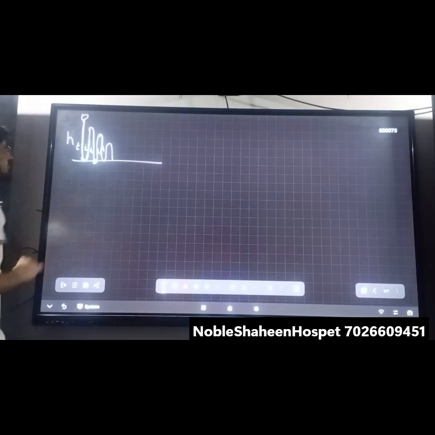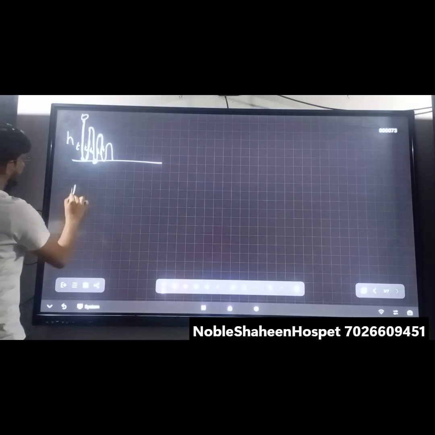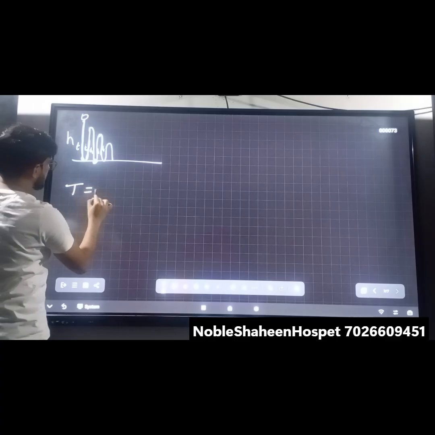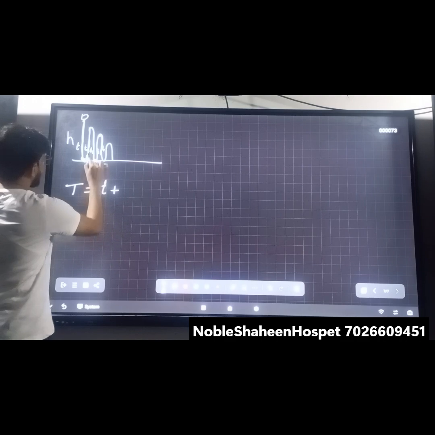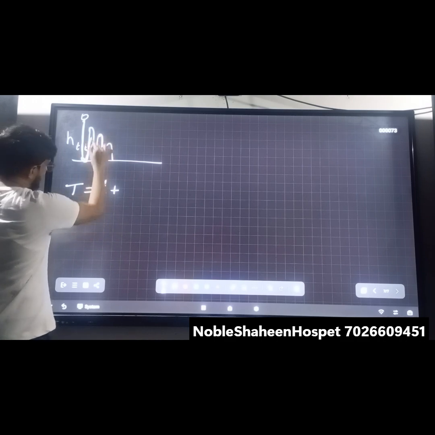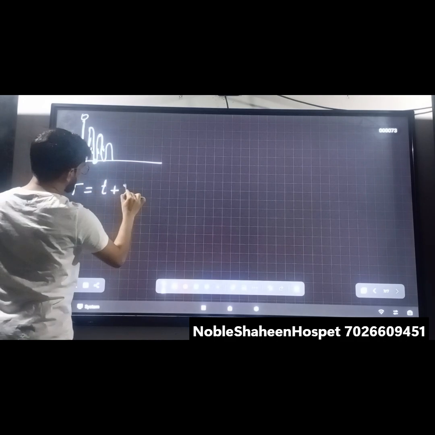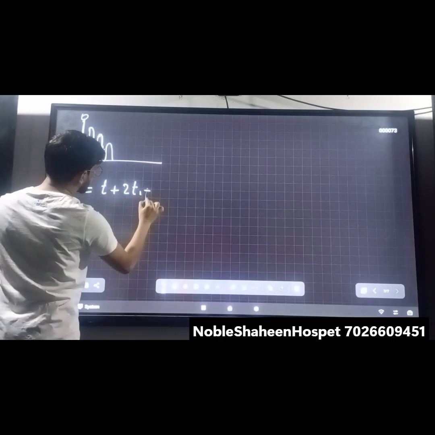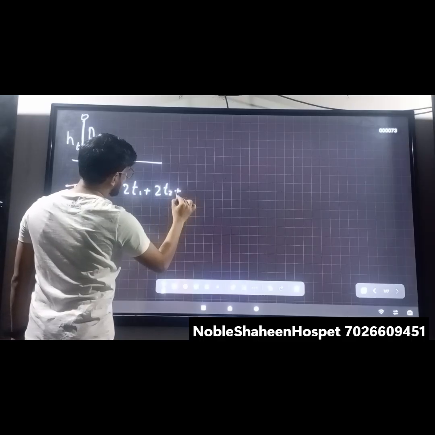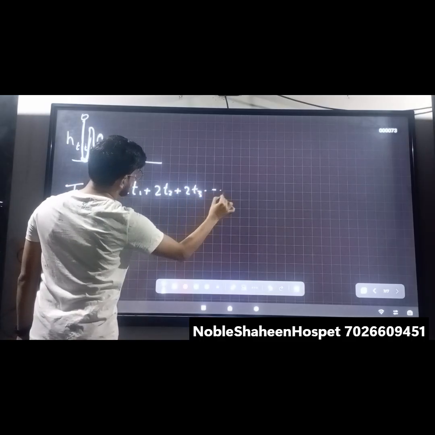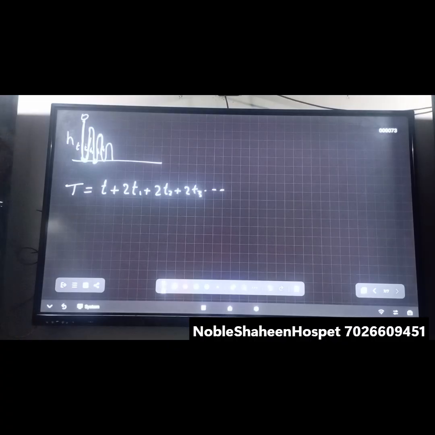And if you want to calculate the total time taken to stop the ball, the expression will be: total time T will be equal to first time t, plus going up time t1 and coming back time t1 again, so it can be written as 2t1, plus after the second rebounding the total time taken is 2t2, then 2t3 and so on. This will be the total time taken.